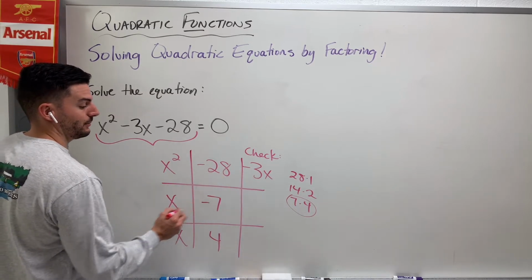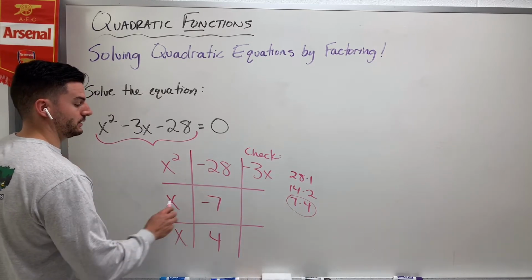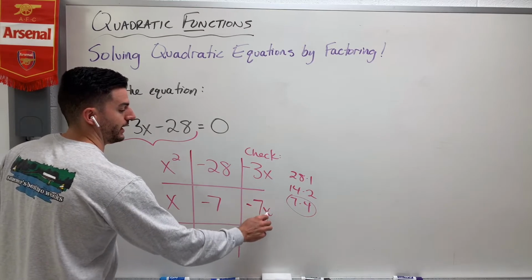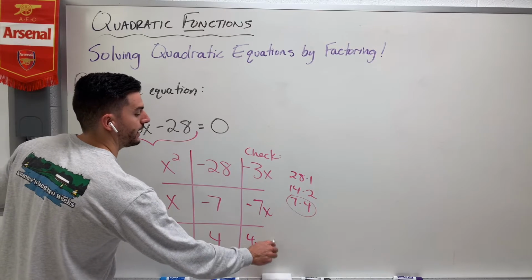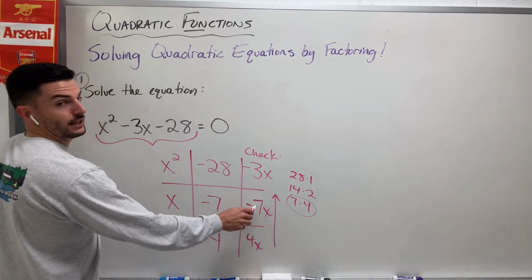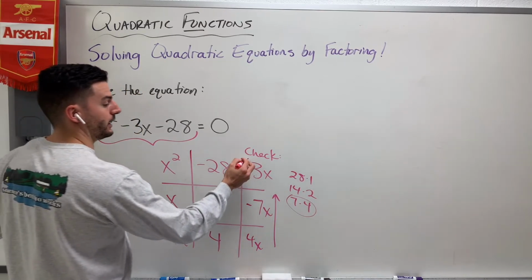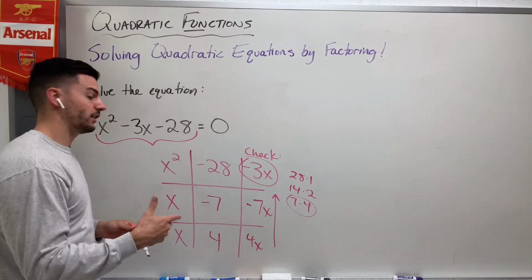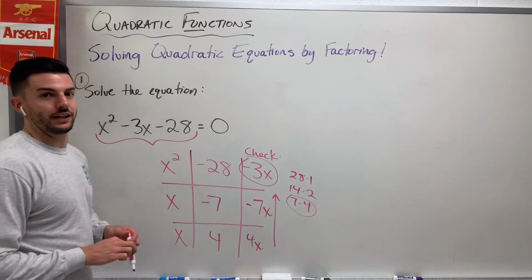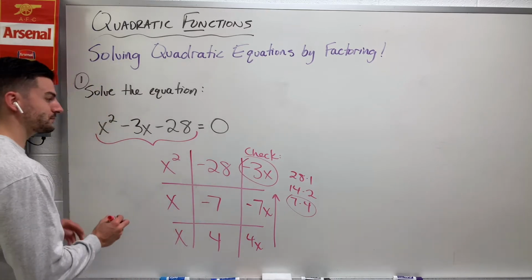How about the negative 7? Because if I multiply negative 7x, and then x times 4, 4x, and I add these, 4x plus negative 7x does give me the negative 3x. So as you get better with this strategy, you can use a little bit of forward thinking to determine where your negative is to save you some time.